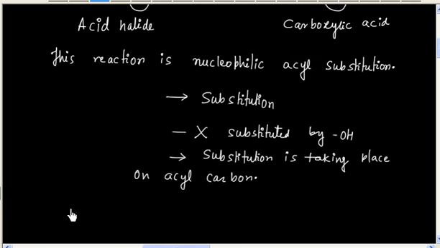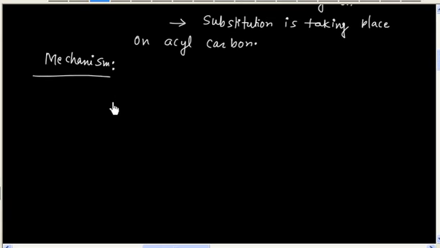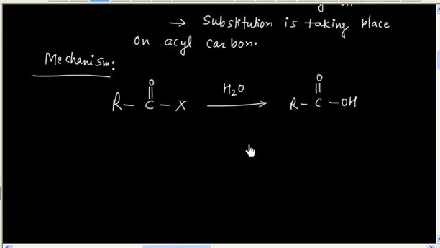Let us discuss the mechanism of this reaction. We have acid halide. This reacts with water and this gives acid.